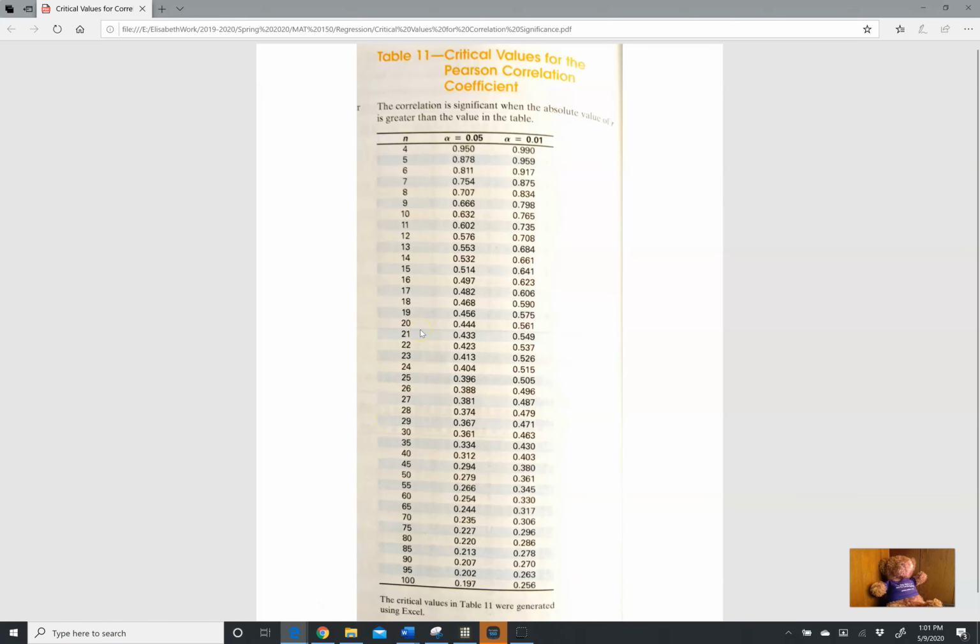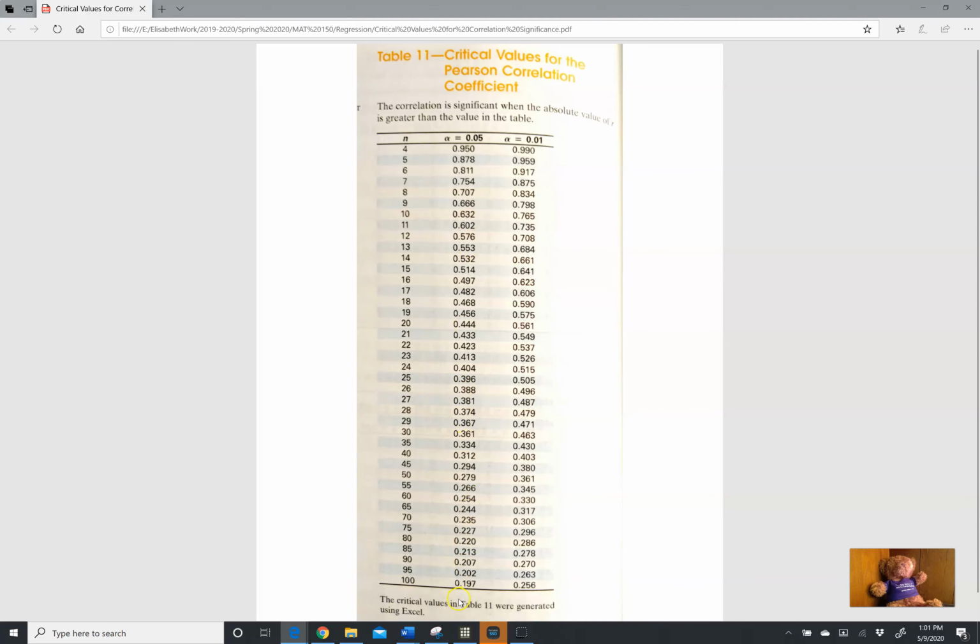Okay. So it's another chart. It's easy to use though. Okay. So we look at the N and then we look at the alpha. So for example, in the first one, our N was 7. So we look at 7, and if we want 5% significance, then our value would be 0.754.